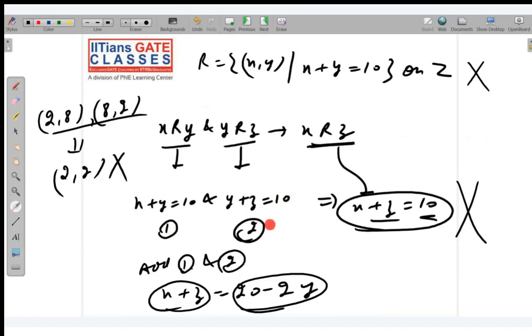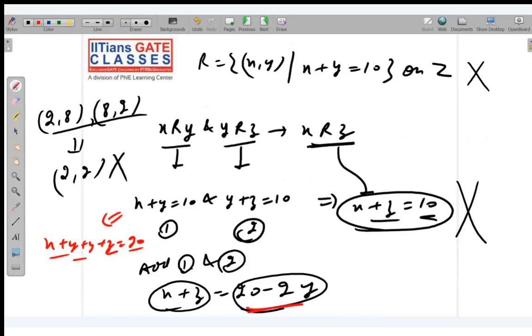You add these two, what will you get? x plus y plus y plus z is equal to 20. So x plus z is 20 minus 2y. Yes, sir. That is the required equation.